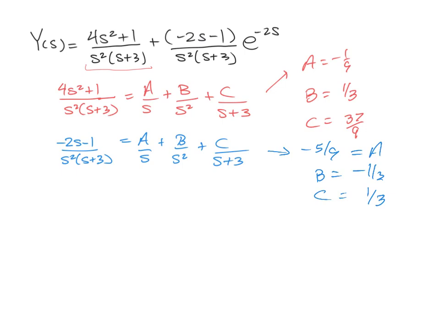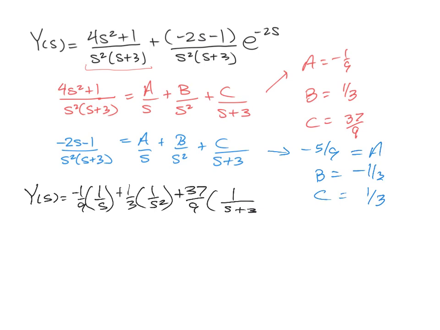So now we can go in and rewrite our big Y of s using these numbers here. So big Y of s will first have a -1/9 times 1 over s plus a 1/3 times 1 over s squared plus a 37/9 times 1 over s plus 3.